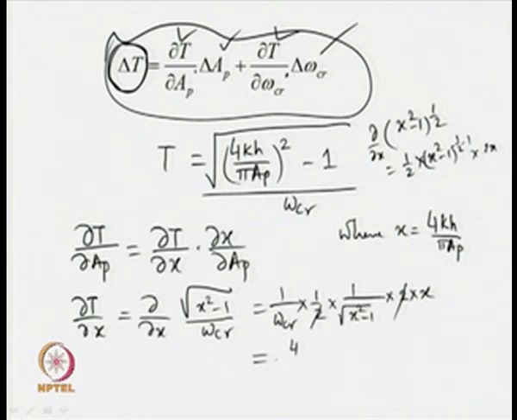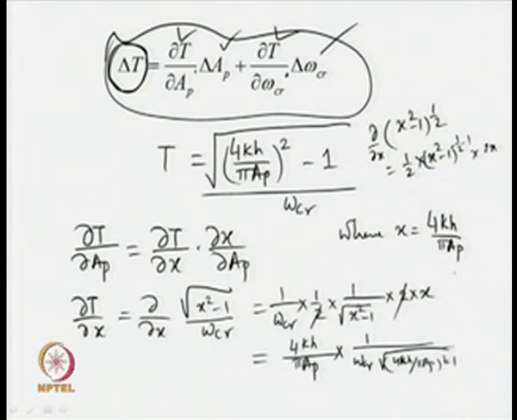Giving us finally an expression as x, that is 4 k h upon pi a p, into 1 upon omega c r root of 4 k h upon pi a p whole square minus 1.